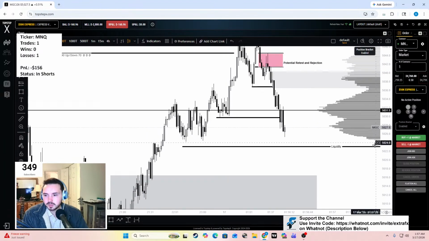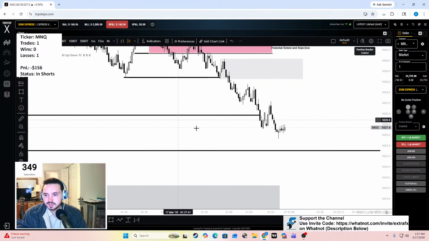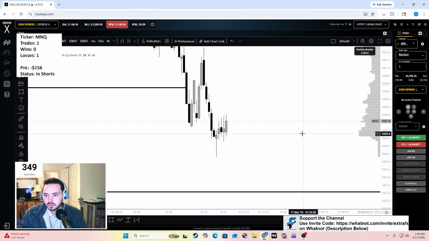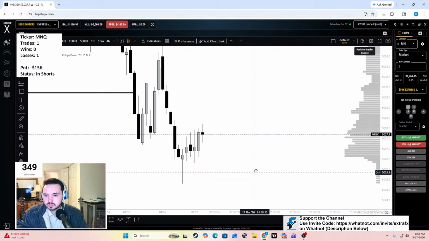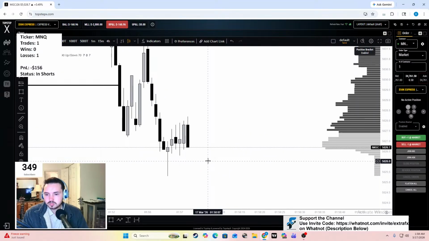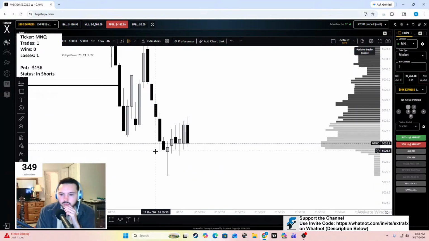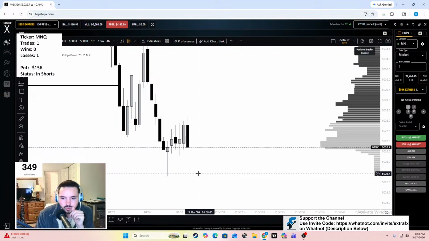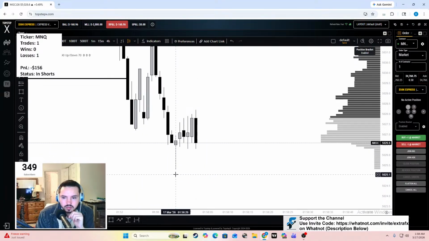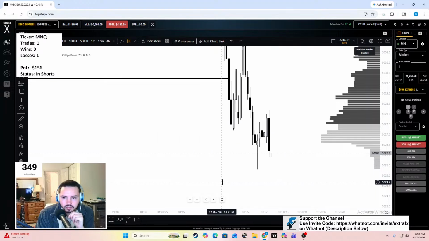Potentially a retest back up from here. This is an area where I could see this retest back up. I just need to see some liquidity come out of this. Looks like we failed immediately off of it. It's just failing.